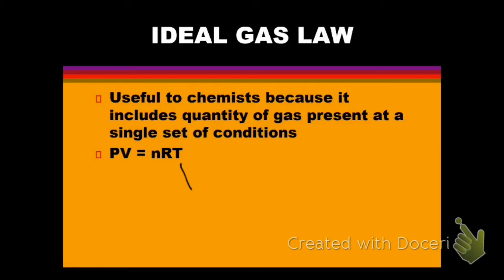We know that T is temperature, and its unit must always be Kelvin. n must always be moles. But what about P and V? Think of all the different units you know for pressure: atmospheres, kPa, millimeters of mercury, torr, etc. Volume, we could have feet cubed, inches cubed, decimeters cubed, liters.